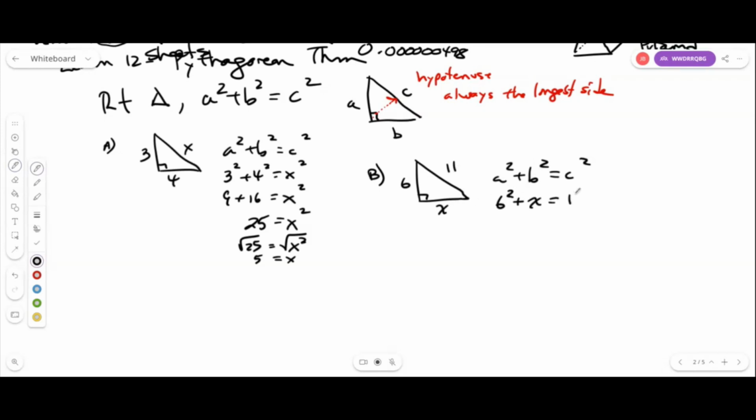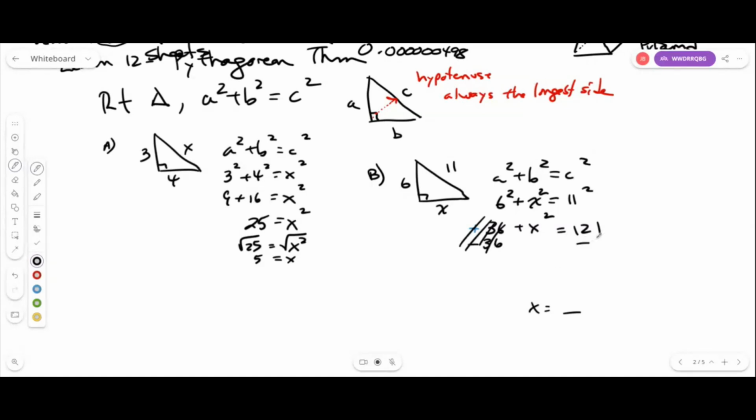The hypotenuse c is 11. 6 squared is 36. 11 squared is 121. And then we've got to get x by itself, which means that I've got to get x squared by itself first. There is an understood plus sign in front of that 36. So the way we can make that disappear is do a negative 36. Positive 36 and negative 36 add up to 0. So that disappears. That's what we want. We want this left over.